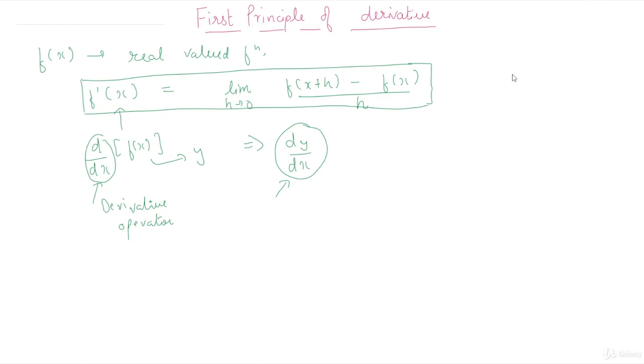Okay, so now let's take an example for calculating the derivative of a function with the help of our first principle. So let's say our example is we have to compute the derivative of y is equal to f of x is equal to sin x by first principle.